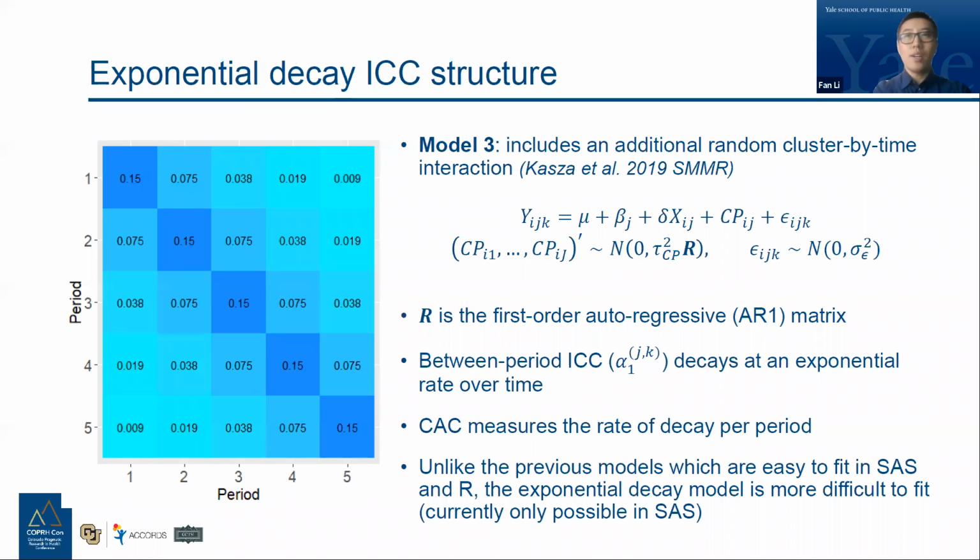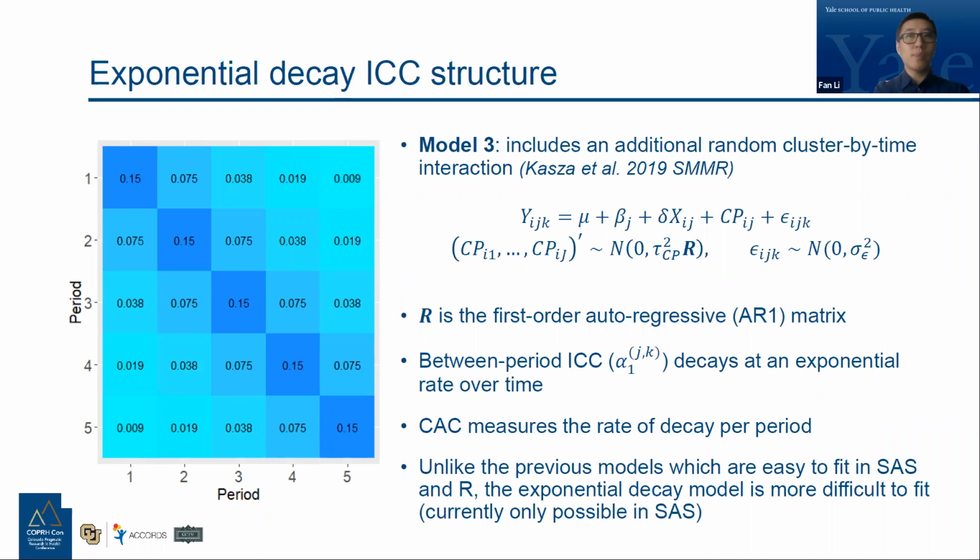In this example, it is taken as the first order autoregressive AR1 structure, and we call this correlation model under this mixed effects model the exponential decay ICC structure or ICC model. In this case, the between period ICC alpha 1 will decay at an exponential rate over time instead of staying constant, and the CAC here measures the rate of the decay per time period.